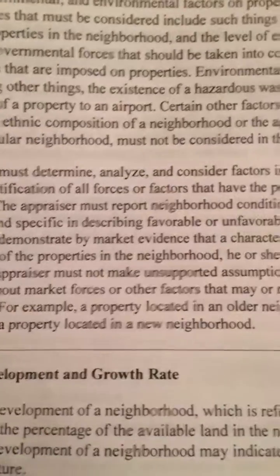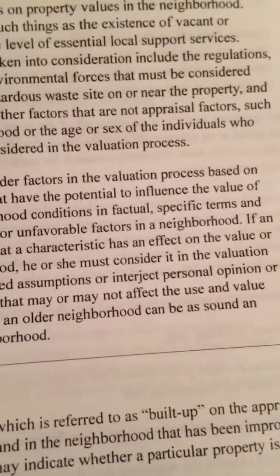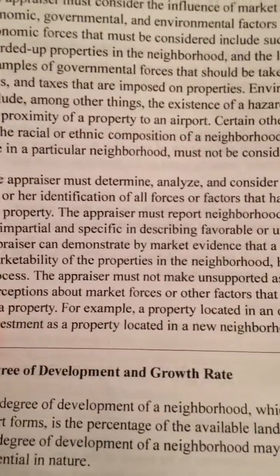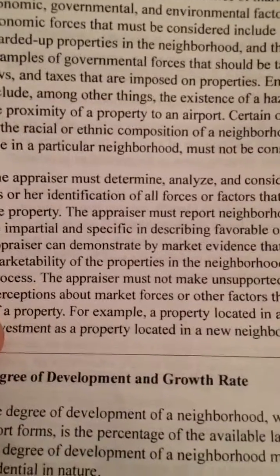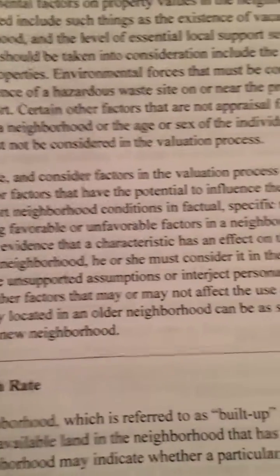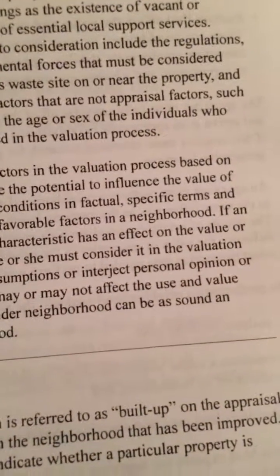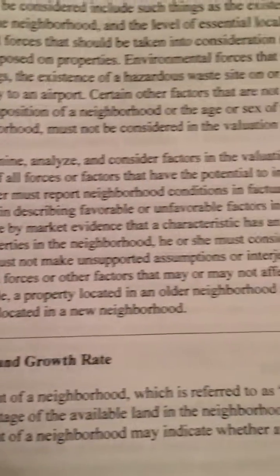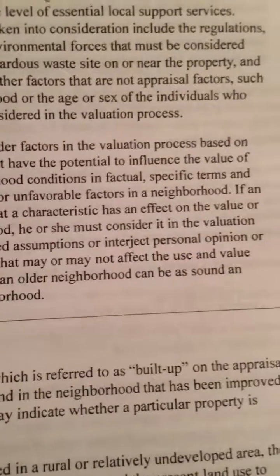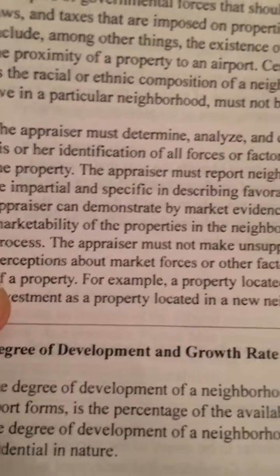The appraiser must report neighborhood conditions in factual, specific terms and be impartial and specific in describing favorable or unfavorable factors in a neighborhood. If an appraiser can demonstrate by market evidence that a characteristic has an effect on the value or marketability of the properties in the neighborhood, he or she must consider it in the valuation process.